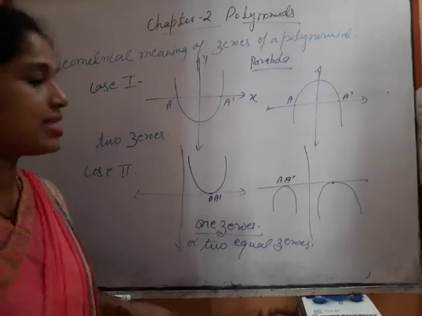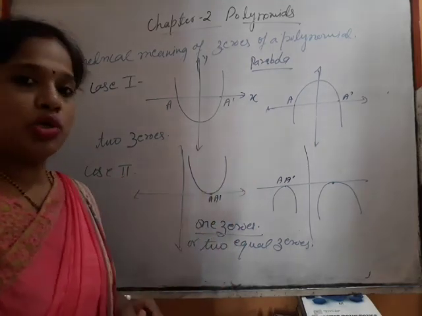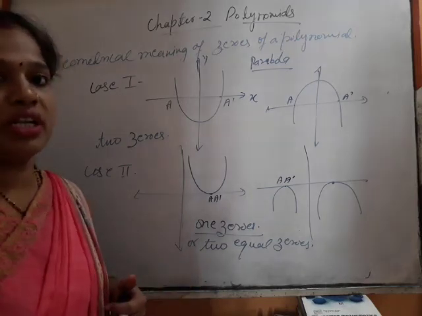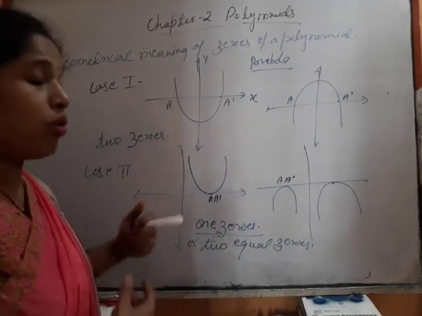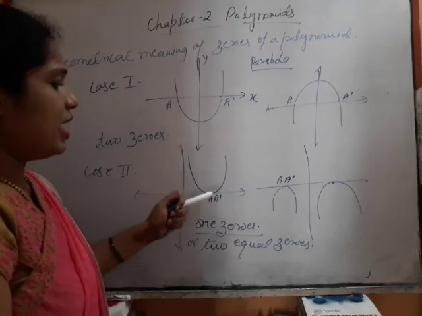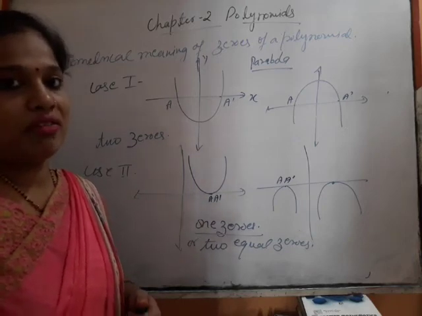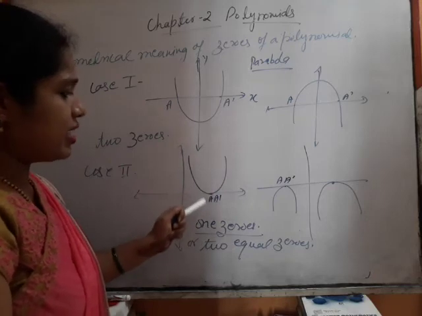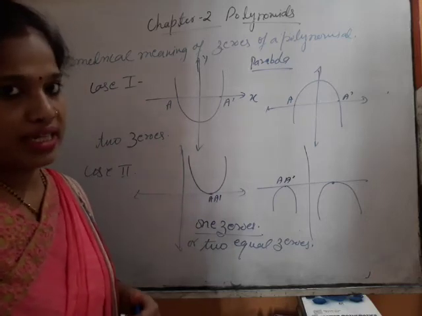If the question is asked by giving the figure, how many zeros of the polynomial to which the representation belongs, what will you say? You will say it will have 1 zero, because this parabola is intersecting at one point of the x-axis.